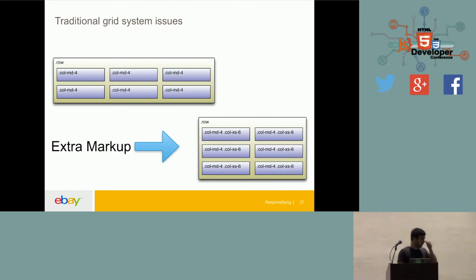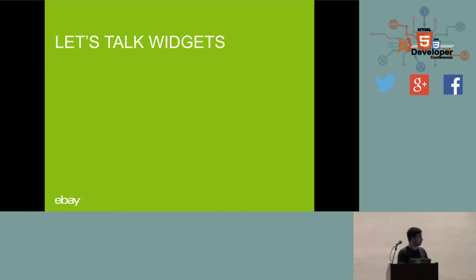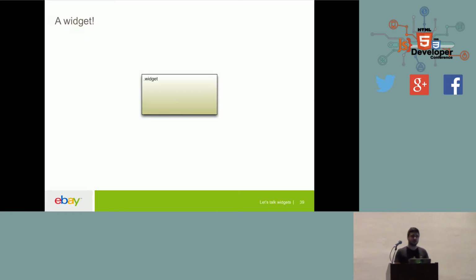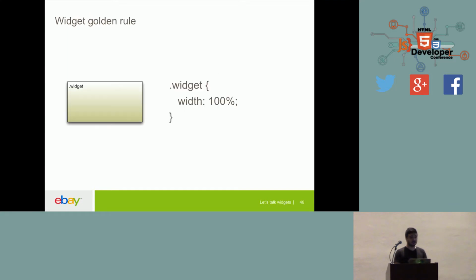So we decided to try something else, which was a widget-oriented architecture. The concept is the following. You have a widget. You have an HTML class, an HTML element, which is the only controlling element for responsification that you give it, you call it a widget. And then you have 2 rules. One is that when developing, the widget itself has to always be 100%. You cannot enforce it to have a size.